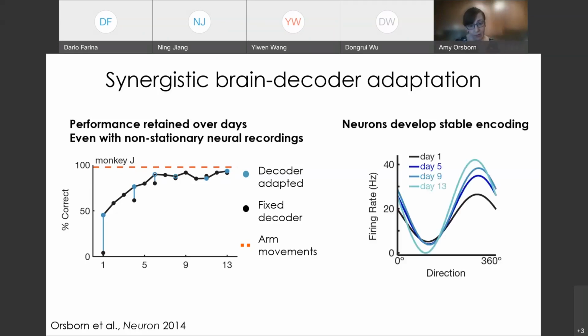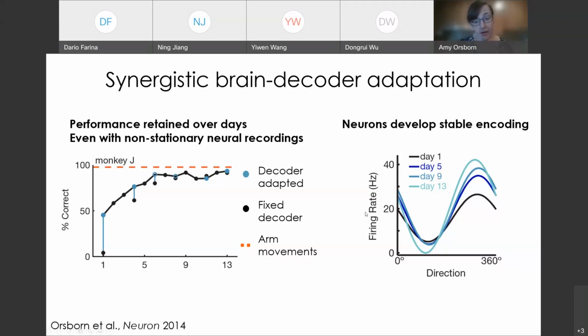And when we then looked at what was happening in the brain, what we found is that as performance stabilized, the neurons are developing a stable encoding representation of how they're controlling this task. Here I'm showing you, for instance, just the direction tuning of a neuron: the direction the cursor is moving, and the firing rate on the y-axis.